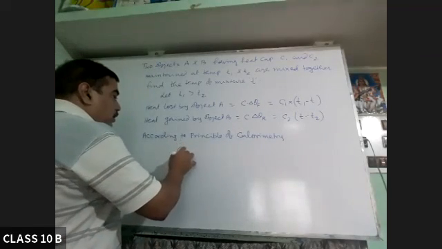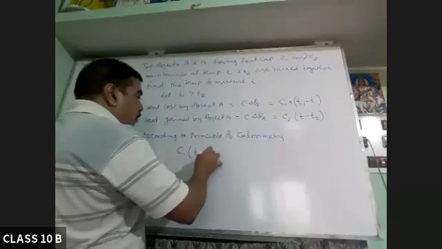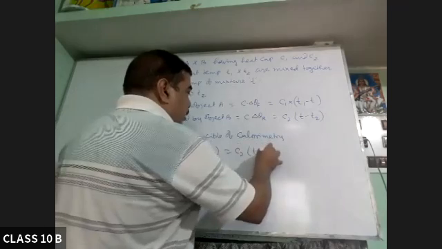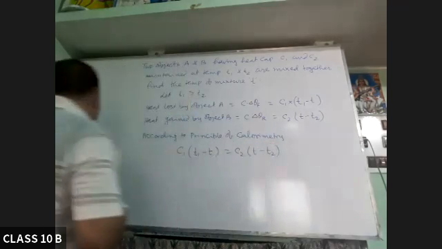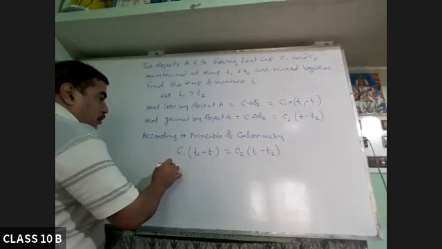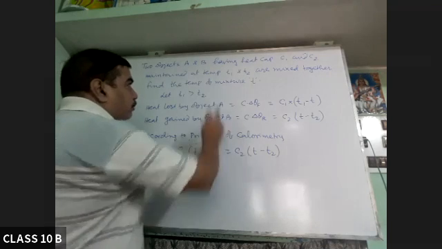So we get C1 (T1 minus T) equal to C2 (T minus T2). We have to make T the subject.